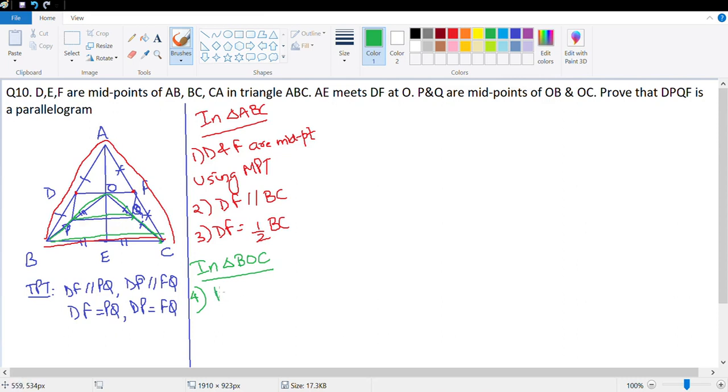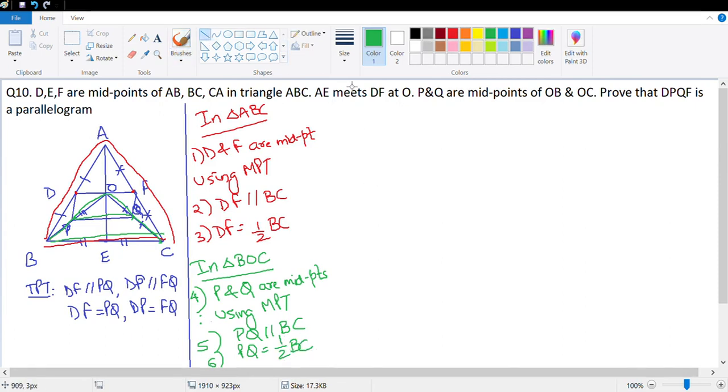So P and Q are midpoints. Therefore, using the midpoint theorem, what I get is number 5, which is PQ is parallel to BC, and number 6, PQ is equal to half BC.